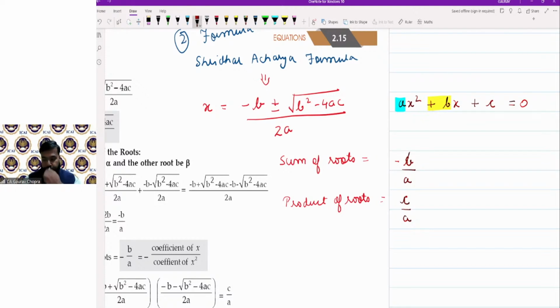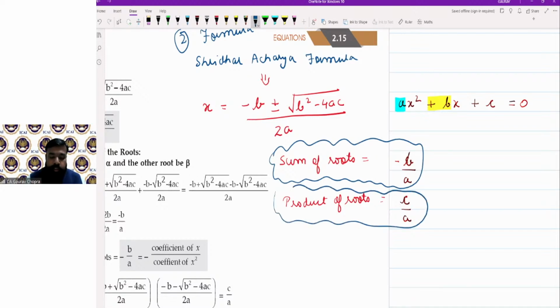So this is the sum of roots and product of roots. We have to remember these. These are very, very important in quadratic equations. All right. So we have learned four things now. The first one is the quadratic formula, the basic format of the equation, then the sum of roots, and then the product of roots.